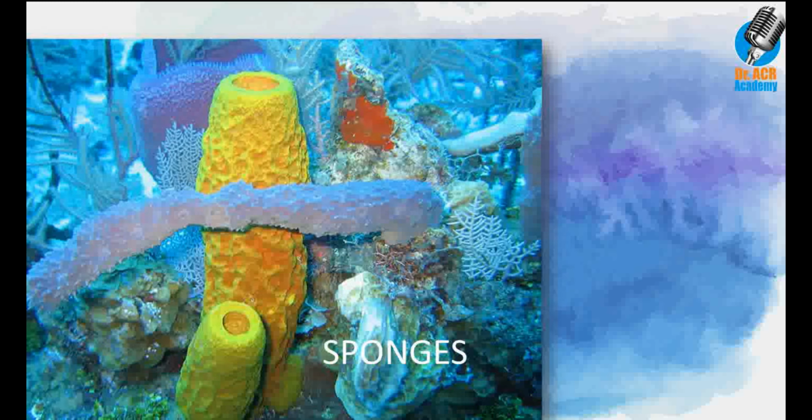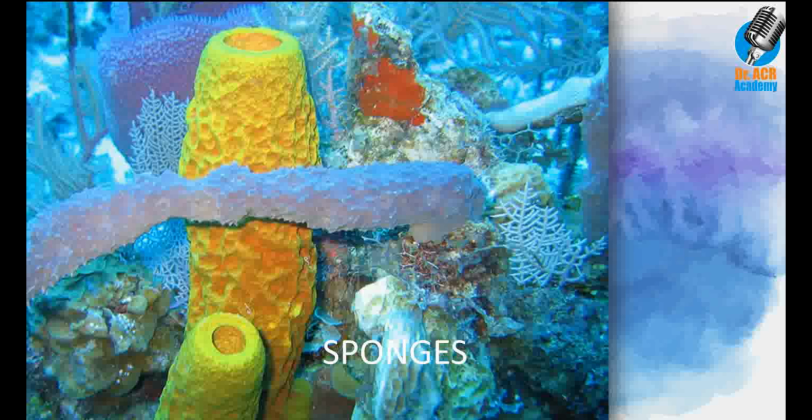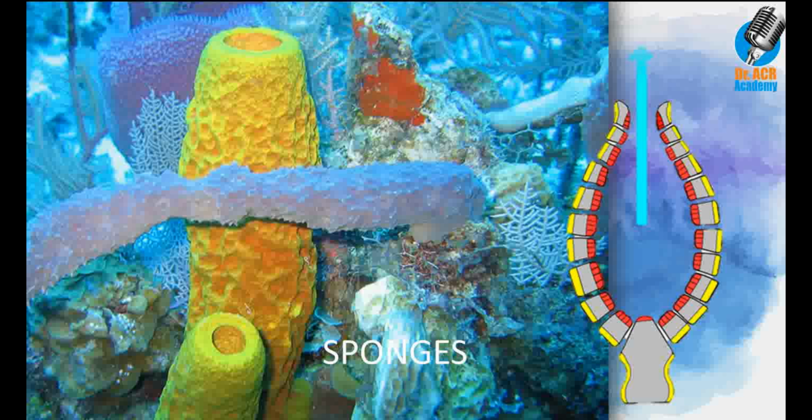Next, coming to some other animals. Some animals such as sponges and hydra do not have a circulatory system. The water in which they live plays an important role in these animals.